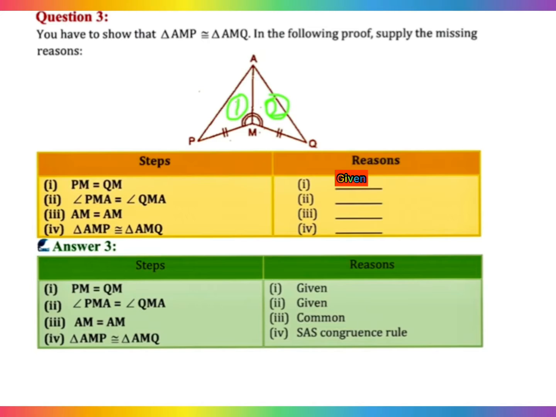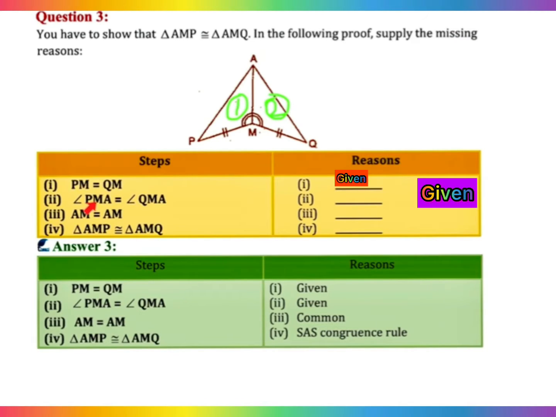In these two triangles, observe very carefully that PM equals QM. See in this diagram, the indication or symbol says that this is given. These two sides are equal, so you will write in this reason only: given. So the answer here is the reason: given.